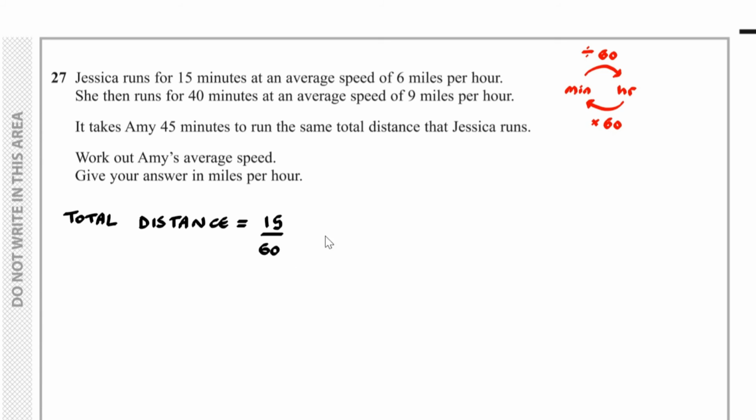So I've got 15 over 60 hours multiplied by the average speed, 6 miles per hour. So that's the first part of the journey, and then for the next part of the journey we've got 40 minutes, so I need to convert that into hours by dividing by 60, and then I need to times by 9 miles per hour.